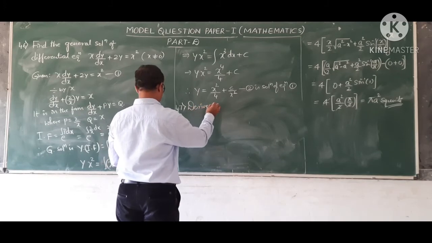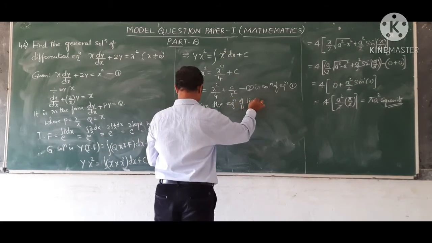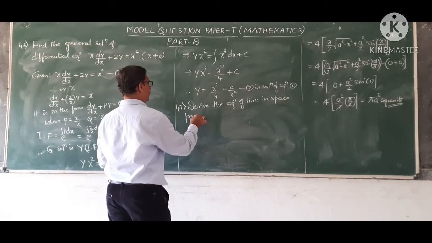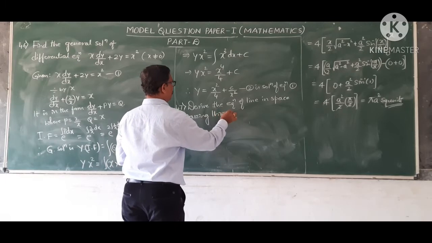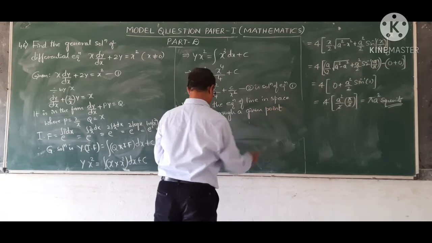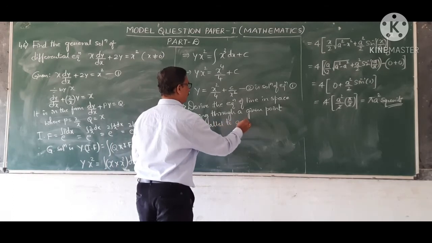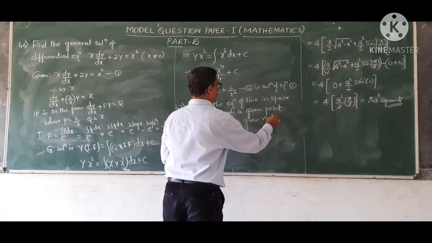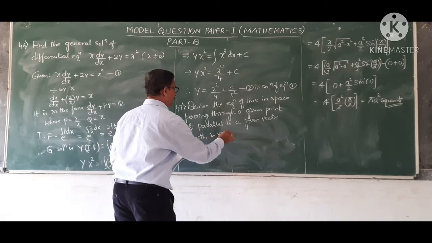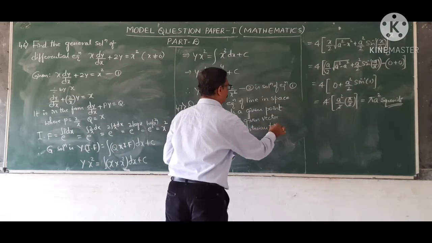Derive the equation of a line in space passing through a given point and parallel to a given vector, both in vector and Cartesian form.